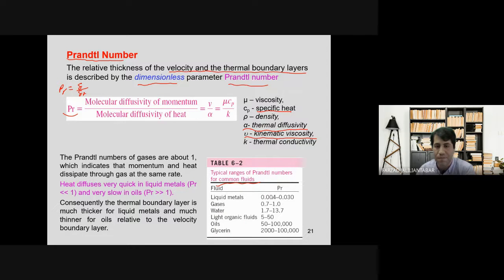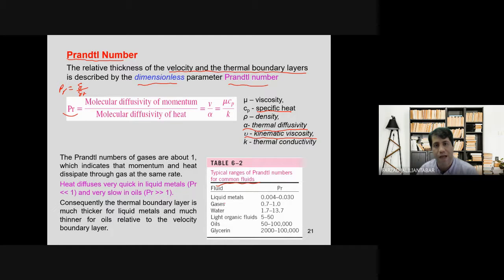You can see here, Prandtl number for the liquid metal is lower than gases. Gases is lower than water. Water is lower than light organic fluid, and so on. You can see here, it is not only dependent on the viscosity, it's also dependent on the thermal conductivity of the fluid. As you may know, the thermal conductivity of liquid metal is much higher than gases.